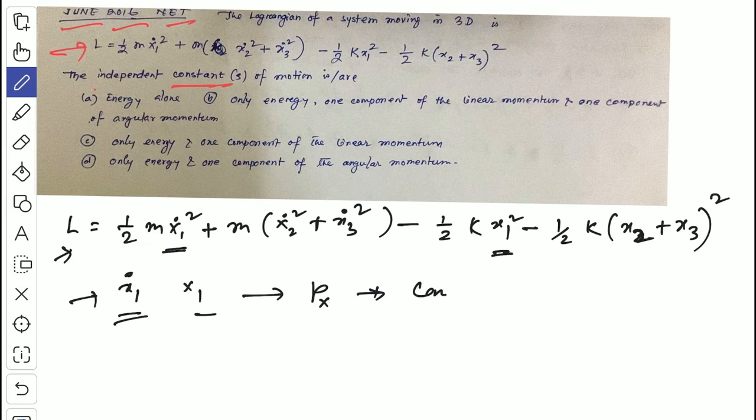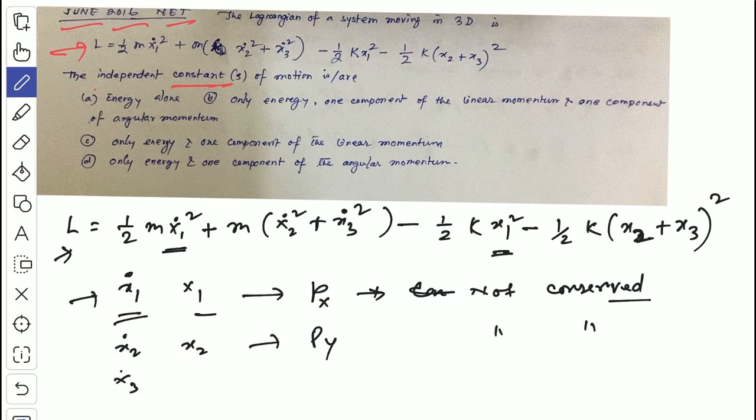Similarly, for the other coordinates, x2 dot is also present, x2 is also present, so px2 is also not conserved. Similarly x3 dot and x3 are also present here, so px1, px2 and px3, these momenta are not conserved.